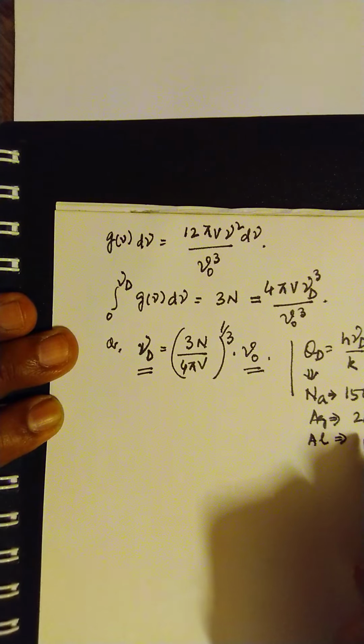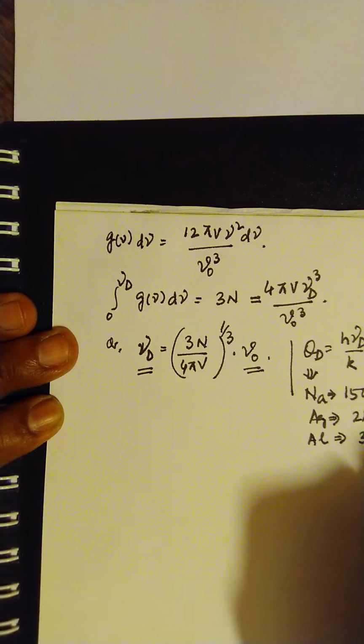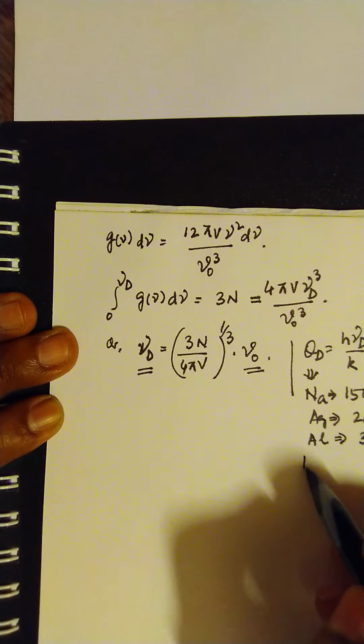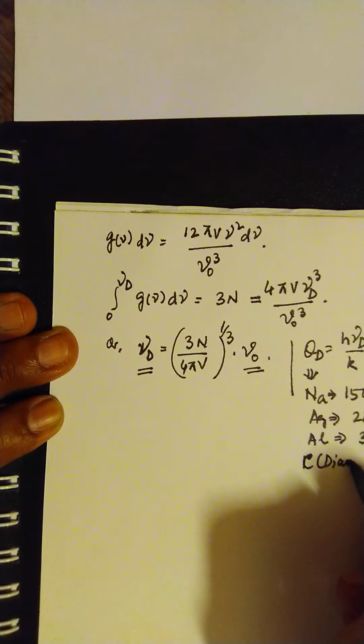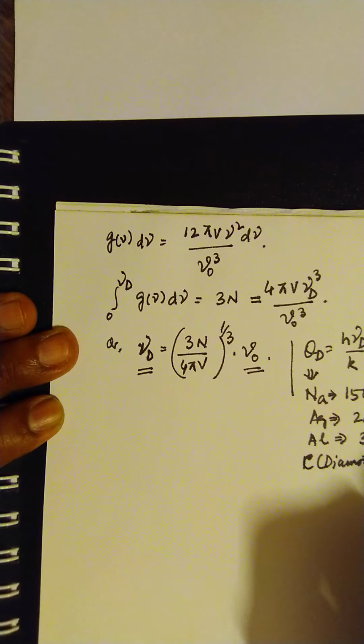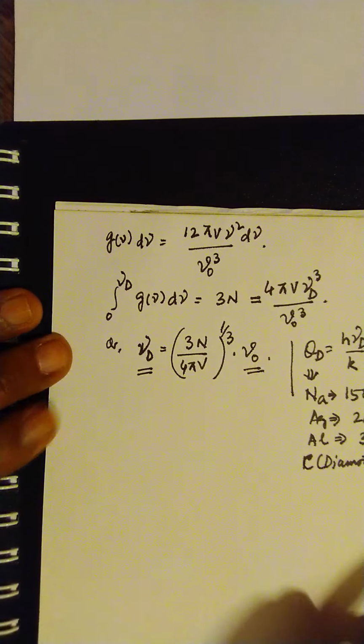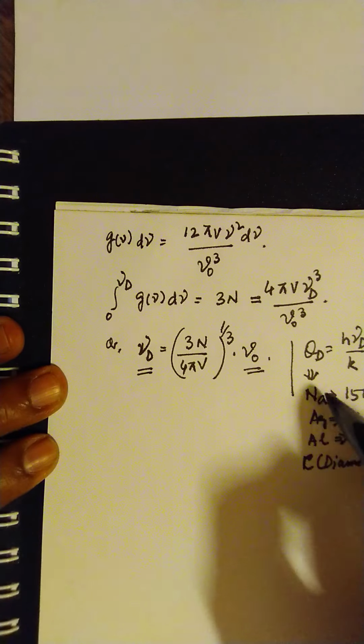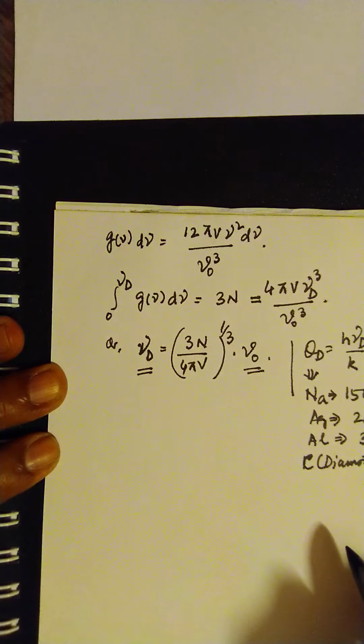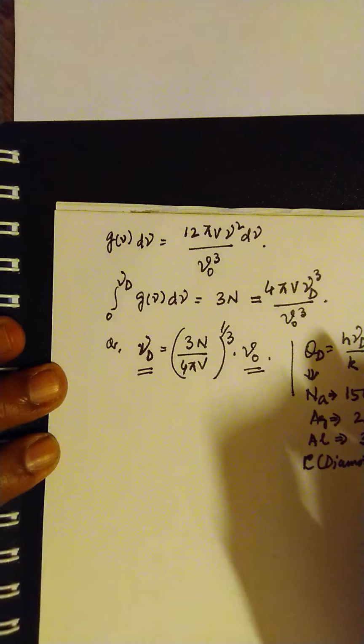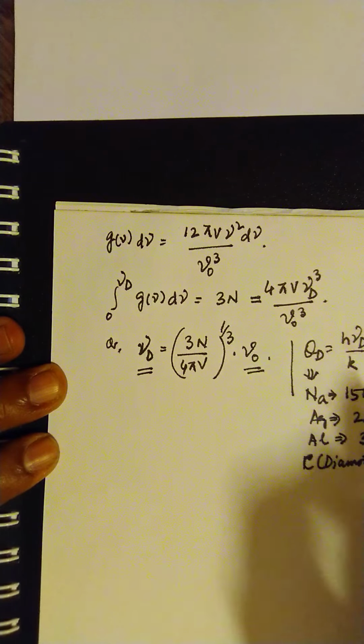and for aluminium, just for the record, it is 390 Kelvin, and for carbon diamond this turns out to be 1860 Kelvin. So you can see that as you go down this list, nu_D is becoming larger and larger.